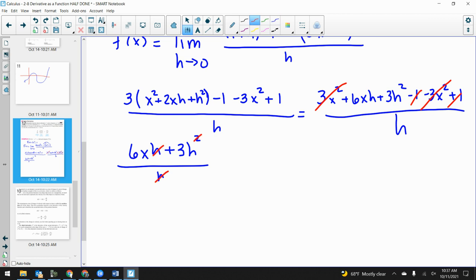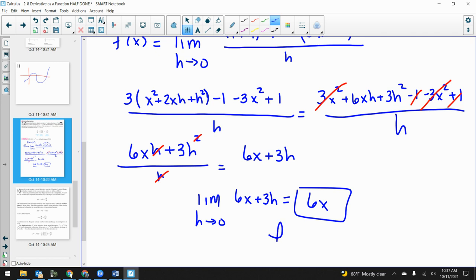So we have 6x plus 3h. Now, remember that this is the limit as h goes to 0 of this thing. So if h goes to 0, what happens to my 3h? It goes away. So f double prime of x is 6x.